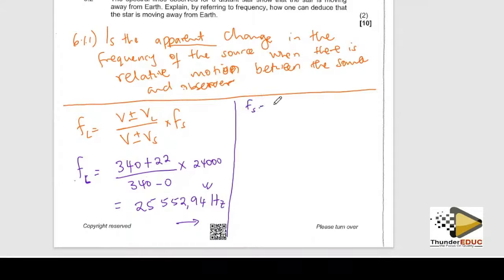So the frequency of the source is 25,552.94 hertz. Now we want the frequency that is detected by the device. We know that the velocity is still 22, that is the velocity of the source.